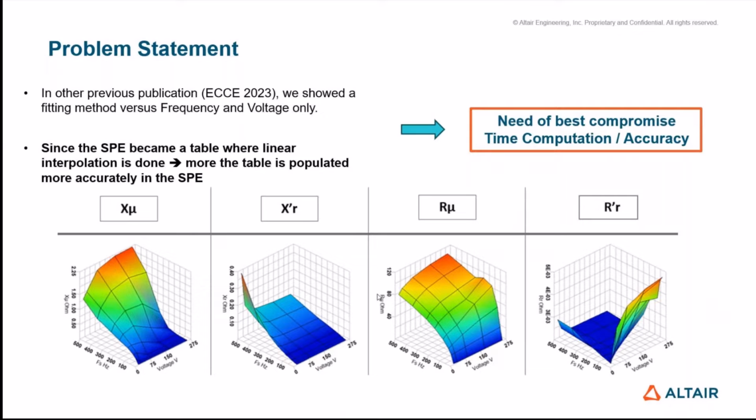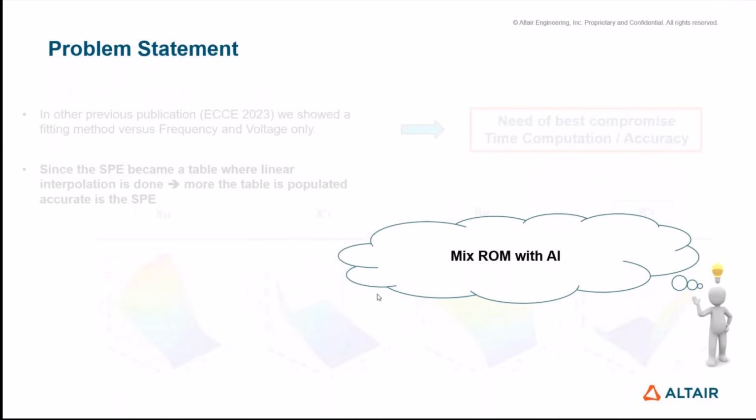And as you can understand, this is really expensive. So here the idea comes: why not mix the reduced order model with AI? This is why it fits really well with our solution, ROM AI.